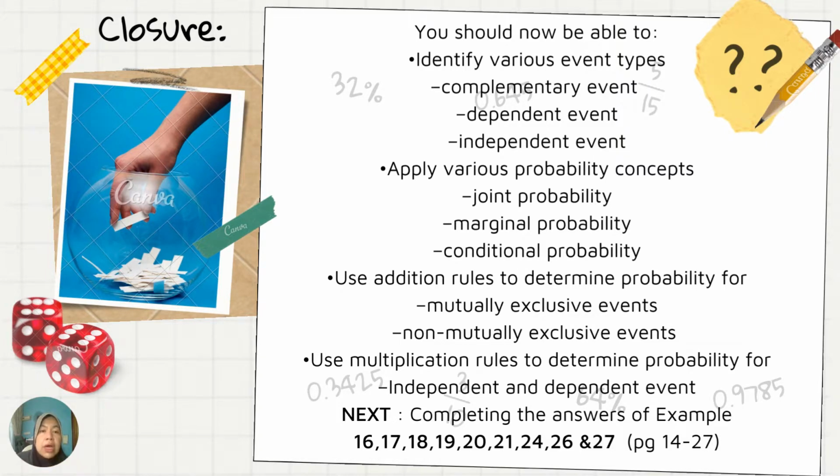For probability concepts, we have joint probability, marginal probability, and conditional probability. For rules, we have addition rules for mutually exclusive and non-mutually exclusive events, and multiplication rules for dependent and independent events, as I mentioned earlier.